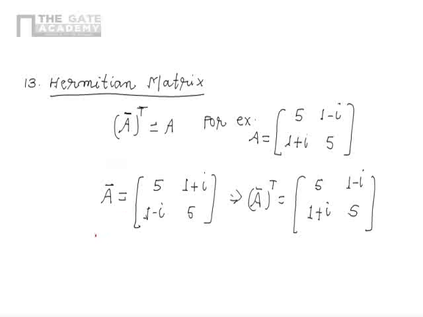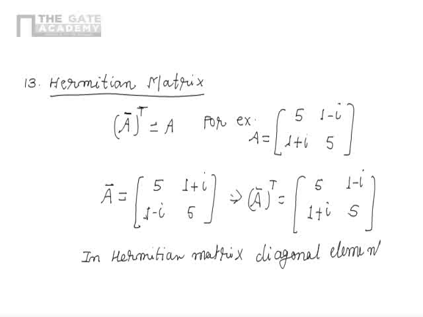One important point to note is that in a Hermitian matrix, diagonal elements are always real. The diagonal elements cannot be complex here.